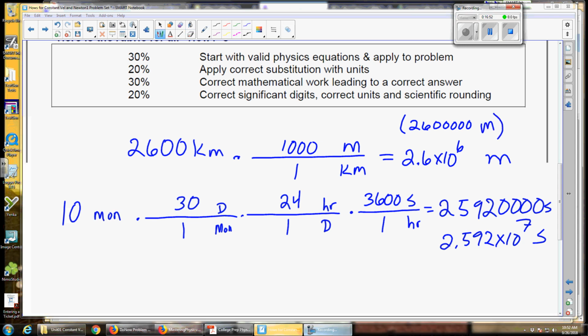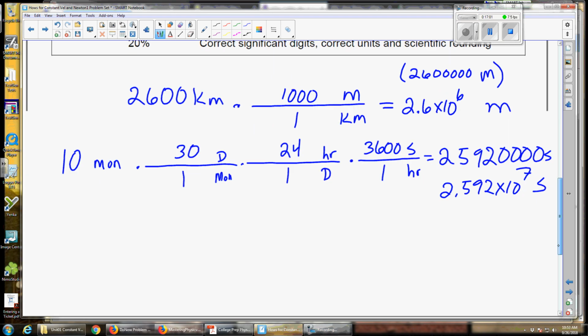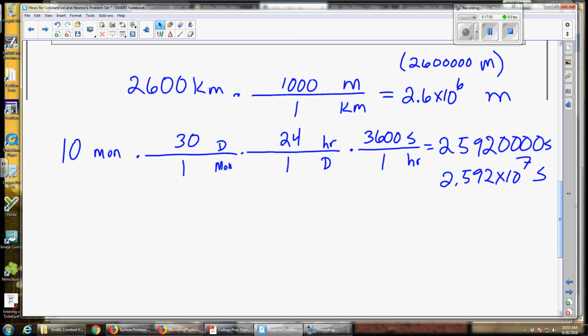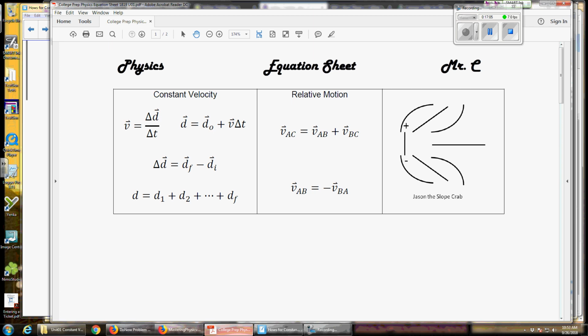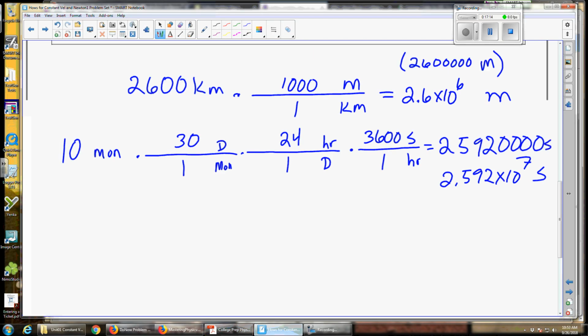Alright, so now I'm ready to actually do some physics. Now I have my unit conversions done. And I think we mentioned in the preliminary that we would use the definition of speed, which is distance over time. So I'm going to write that equation.